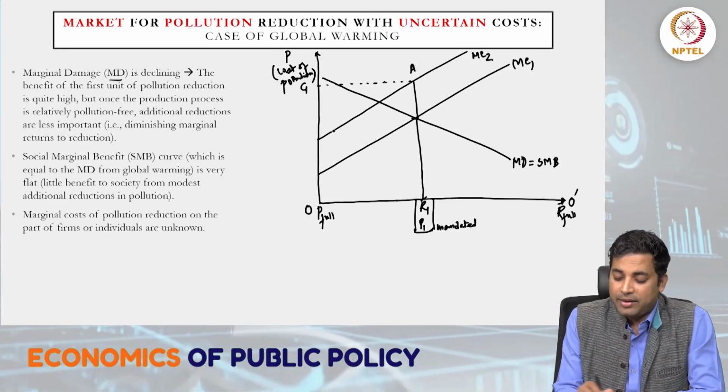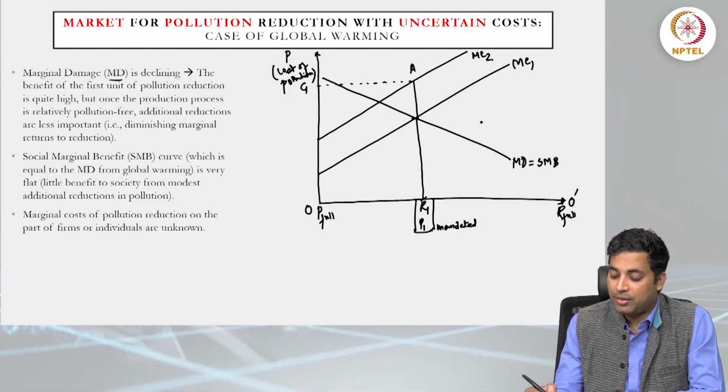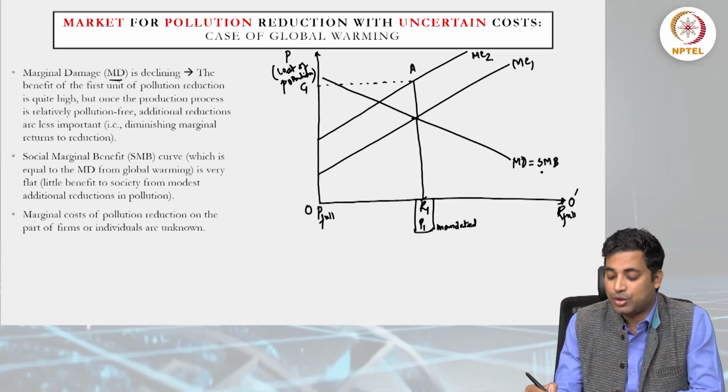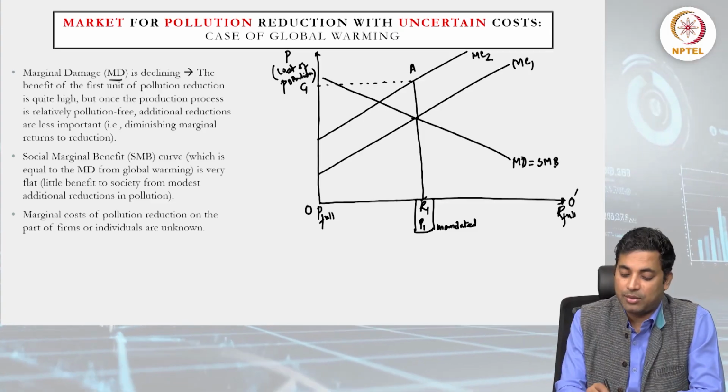And then we can also see the equilibrium point where SMB, the social marginal benefit, is intersecting with marginal cost curve 1.